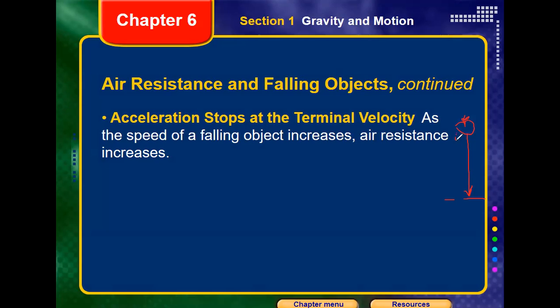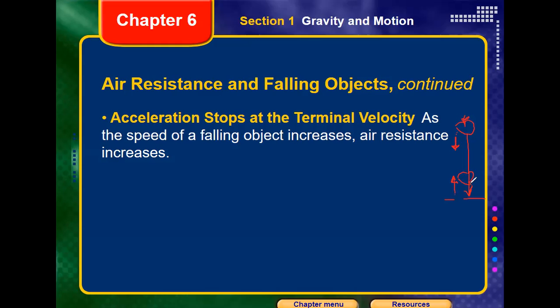So it keeps speeding up until the air resistance equals the gravitational force. At a certain moment, once the two forces are equal, the apple will keep falling down with a constant speed, and that means it will not accelerate anymore. It will reach the maximum speed and then stop accelerating. In this case, we call this terminal velocity.